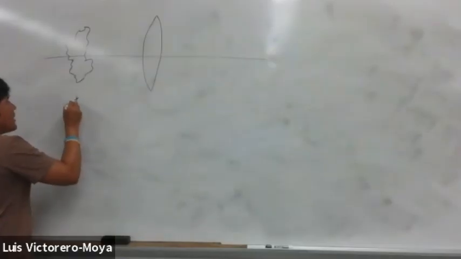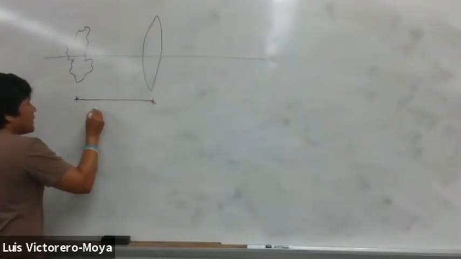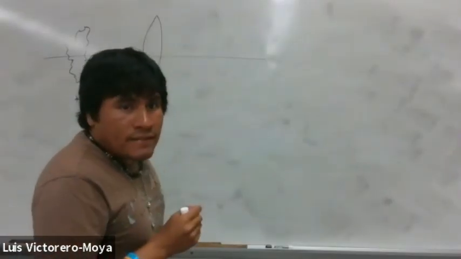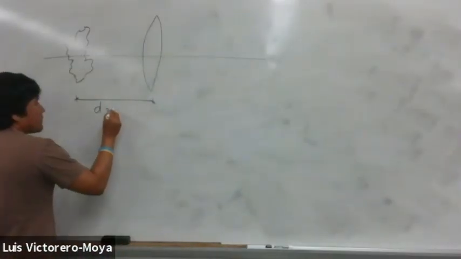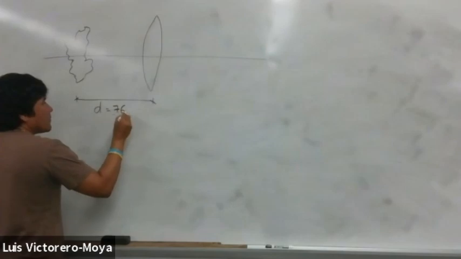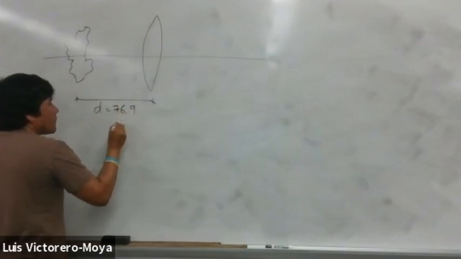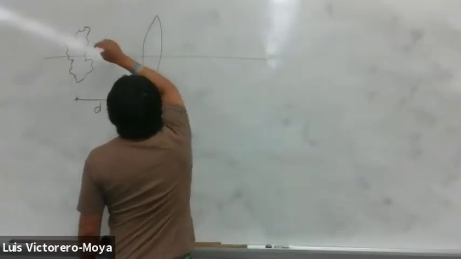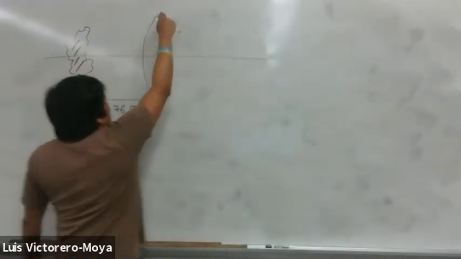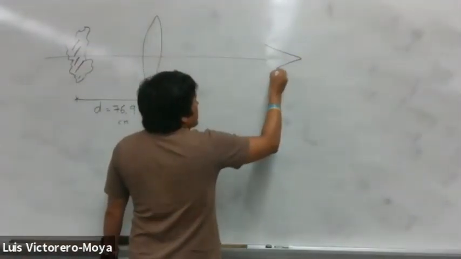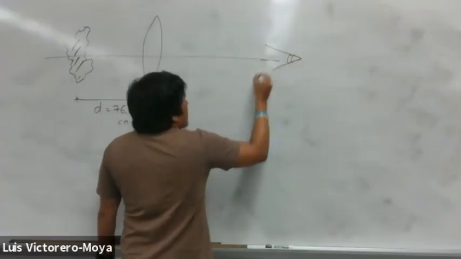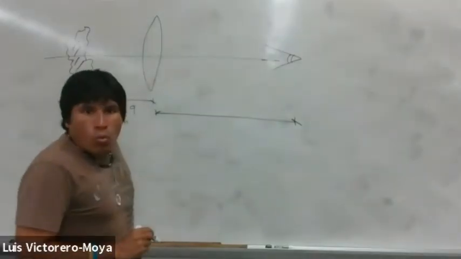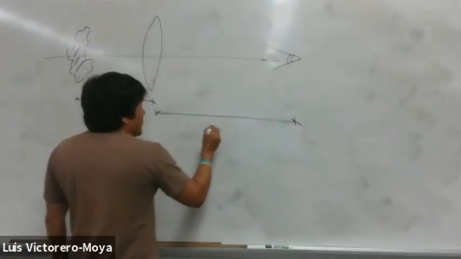The distance between the leaf and the lens, obviously, is 76.9 centimeters. And you are looking at this leaf through the lens at a distance of 1.26 meters.